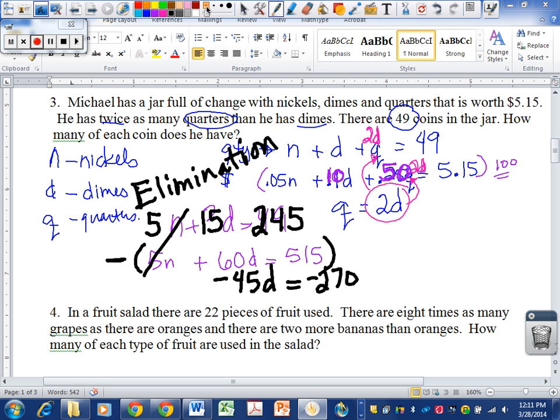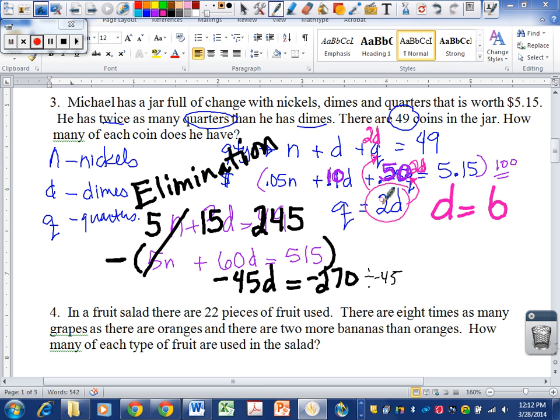So, dividing both sides by 45 means we have how many dimes? Dimes equals 6. Yes, I concur. So there are 6 dimes.